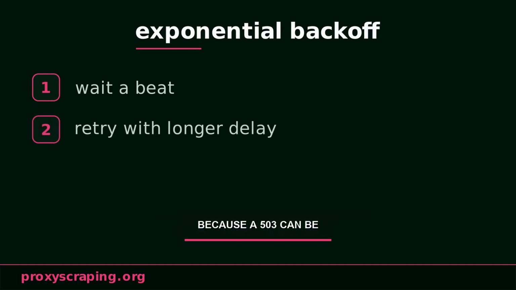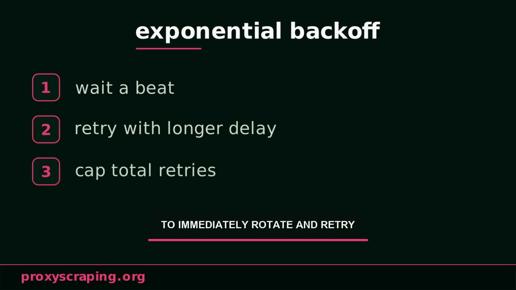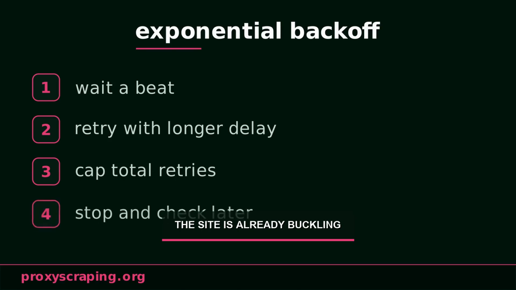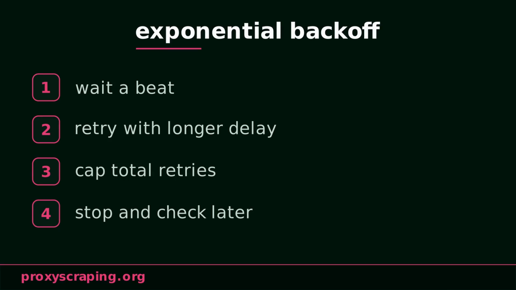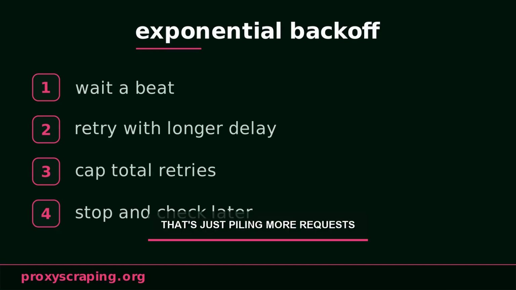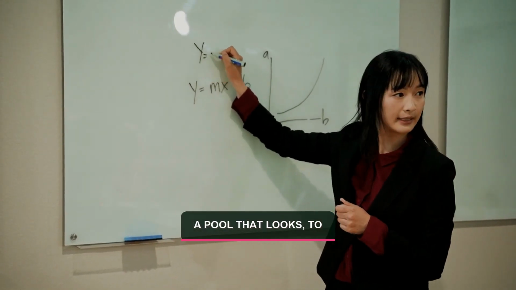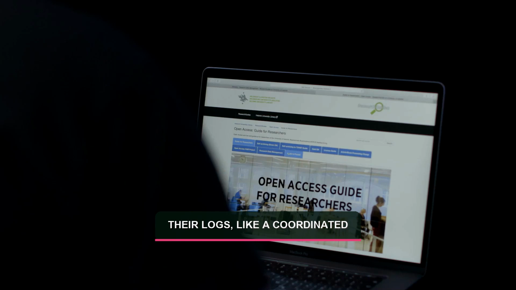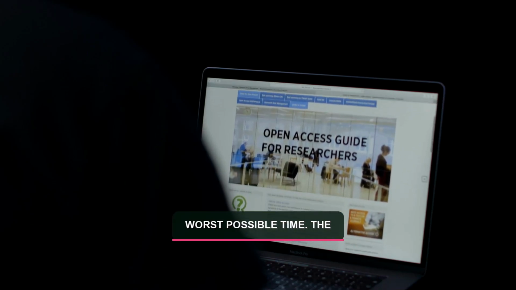Because a 503 can be entirely unrelated to anything your scraper did, the instinct to immediately rotate and retry as fast as possible can genuinely make things worse if the site is already buckling under load. That's not a hypothetical, that's just piling more requests onto infrastructure that's already having a bad day, from a pool that looks, to their logs, like a coordinated wave hitting them at the worst possible time.